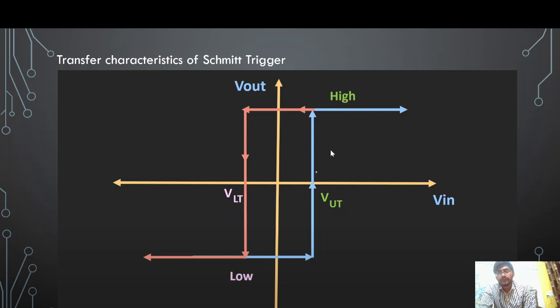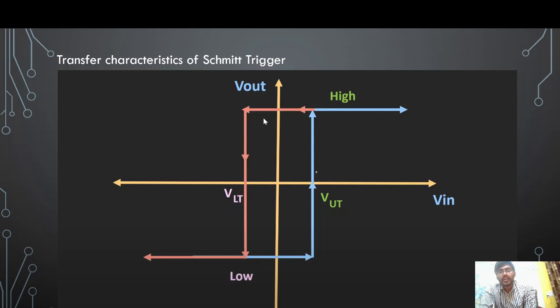And if the input signal goes beyond the upper threshold, then also our output will remain high. Now suppose our input signal starts reducing; our output will still remain high until the input signal goes below the lower threshold voltage level.